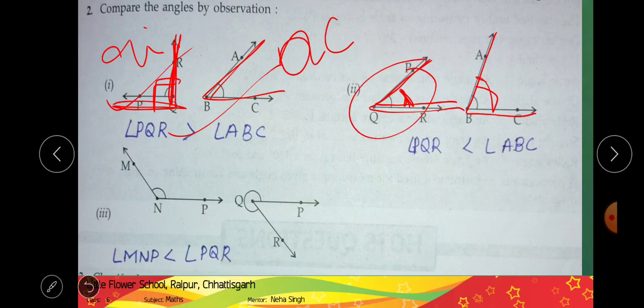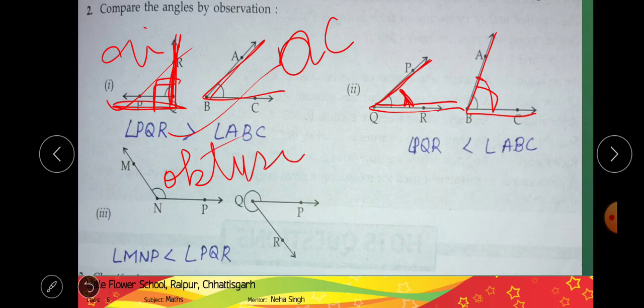Now coming to the third one, M and P, we can see this is 90 degree and it is here, which means this is greater than 90 degree. So this is an obtuse angle, right? And this we can see it is greater than 180 degree, means can we say it is a reflex angle, right?